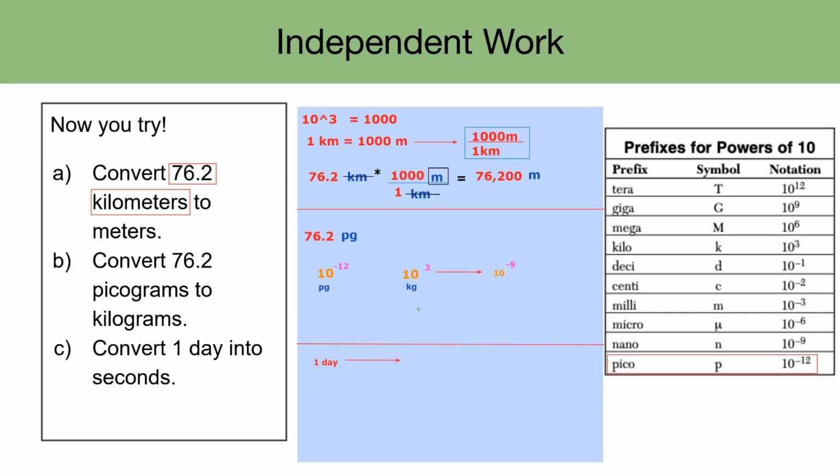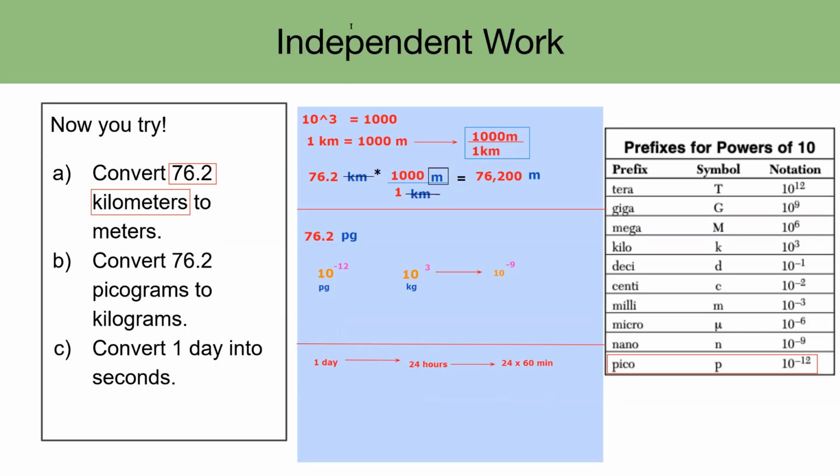First thing we're going to want to do is figure out, well, how many hours is that? Well, we know that 1 day is 24 hours. We just want to take it step by step, slowly. From 24 hours, we want to figure out how many minutes we have. So we're going to go hours to minutes. So we're going to do 24 hours in our day times the 60 minutes that there are per hour.